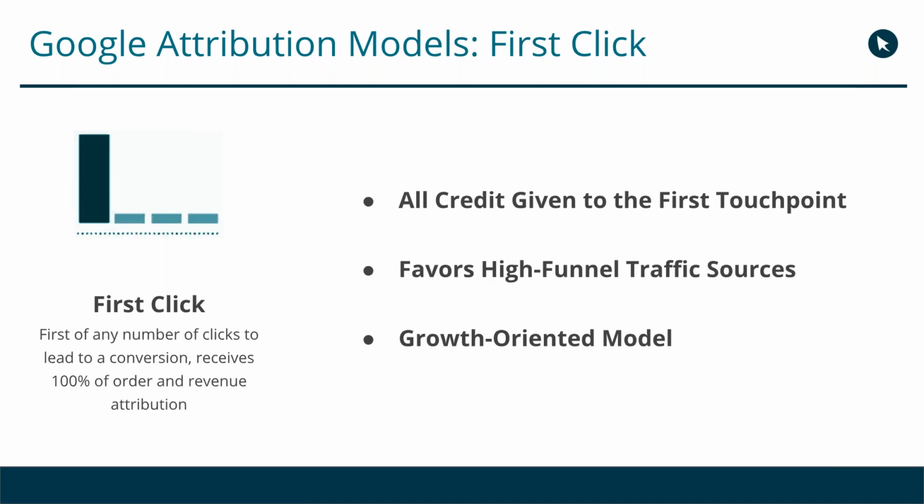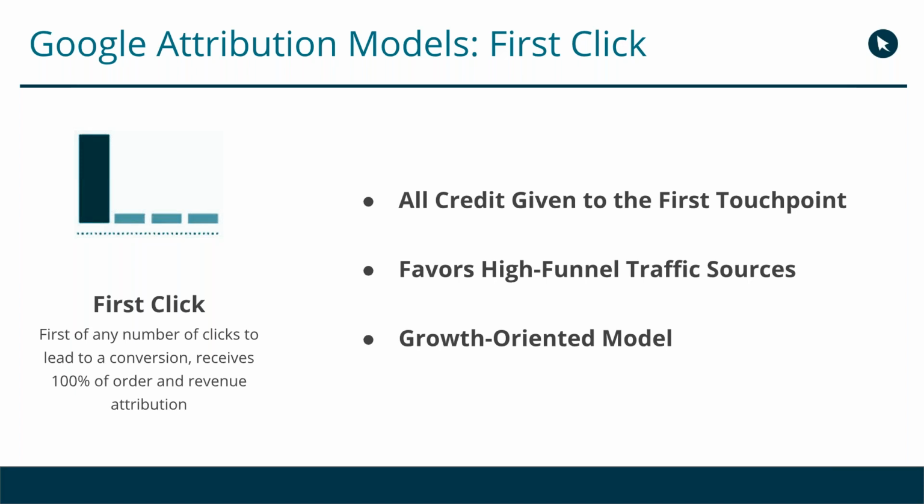All right, on the flip side of that, there's one called first click. First click is exactly the same as last click, but it just gives all the credit to the first click. So naturally, these favor high funnel traffic sources, and by high funnel, we mean more prospecting type campaigns or non-brand generic type.